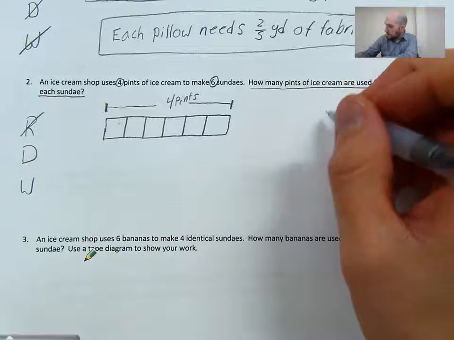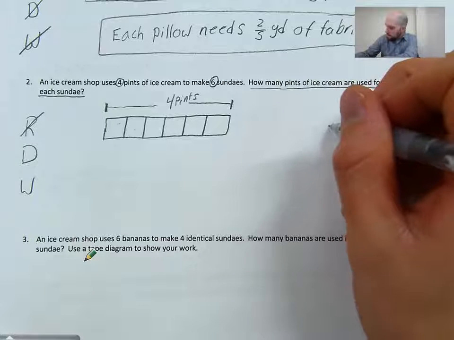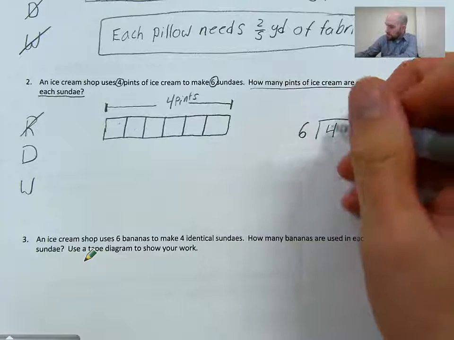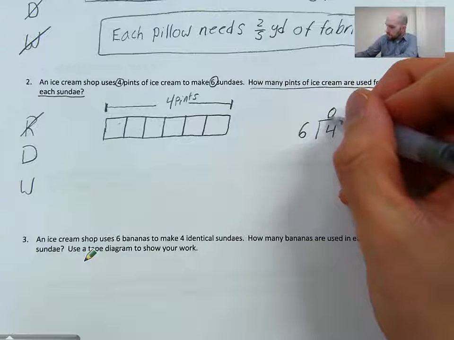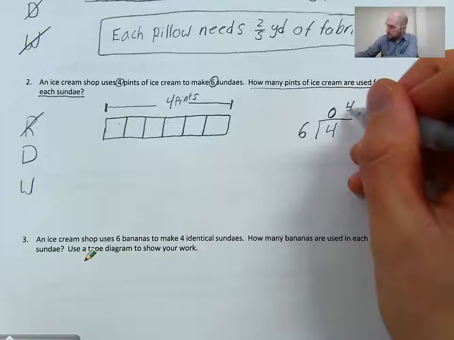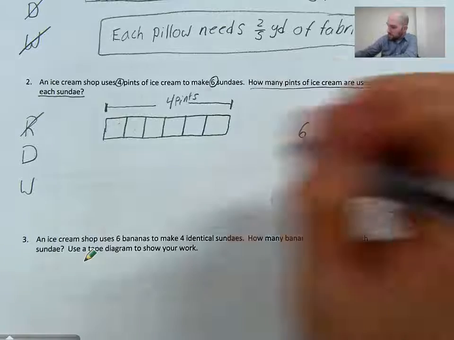So we need to divide 4 by 6. 6 can't go into 4. Divide 4 by 6. We get 4/6.